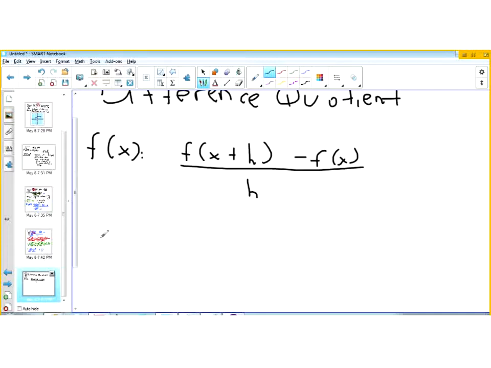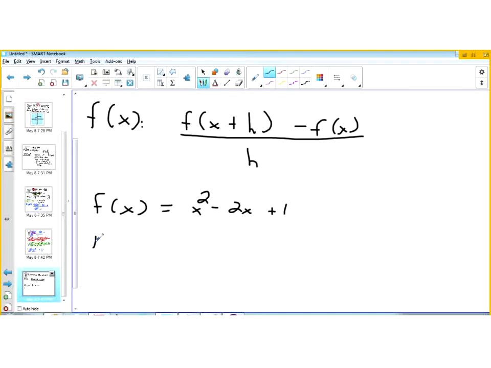So that's all we have to know about a difference quotient. So for instance, if I give you f of x is equal to, say, x squared minus 2x plus 1. So what is the difference quotient?